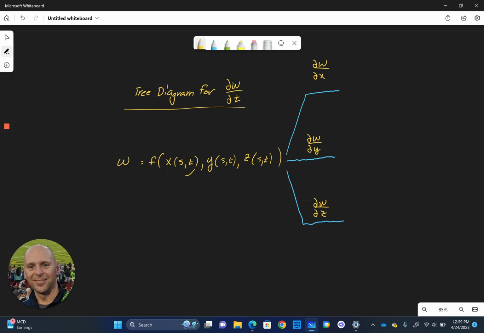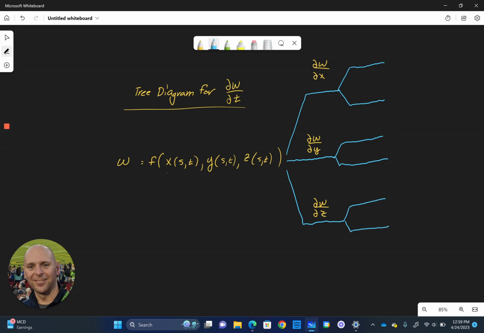Again, those are two variables. So we have a partial with respect to s and a partial with respect to t all the way through those. So we'll need two branches on the end of each one of these partials, like this.